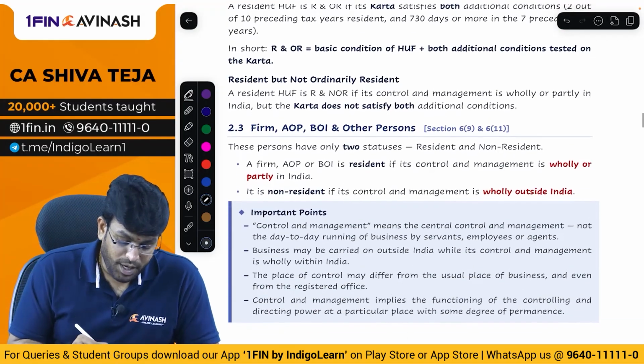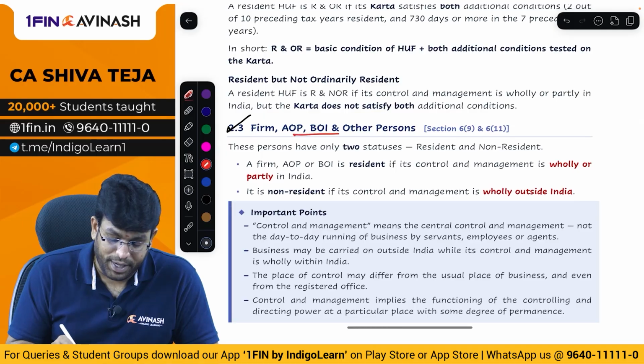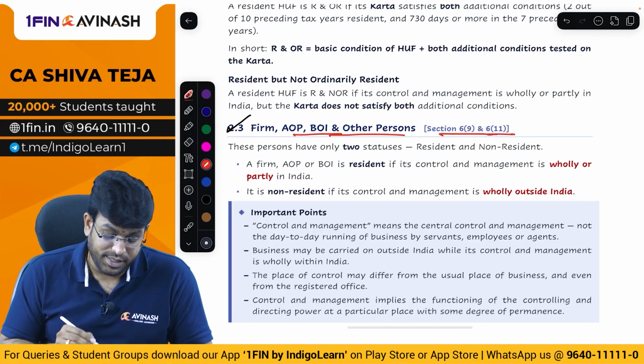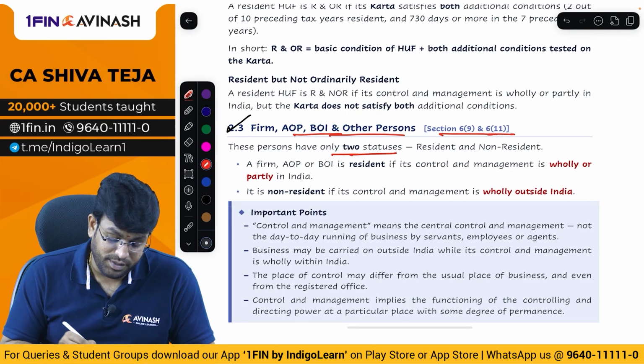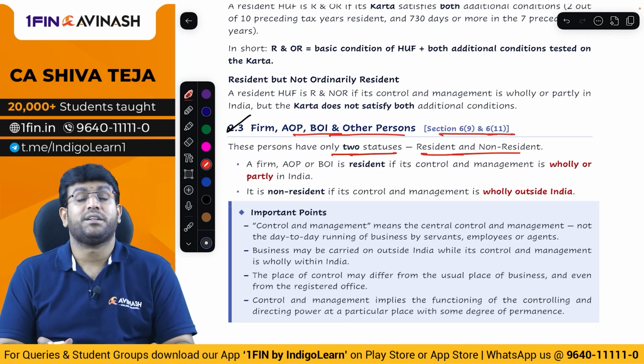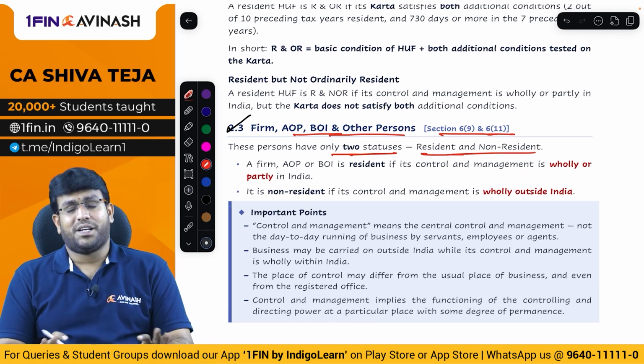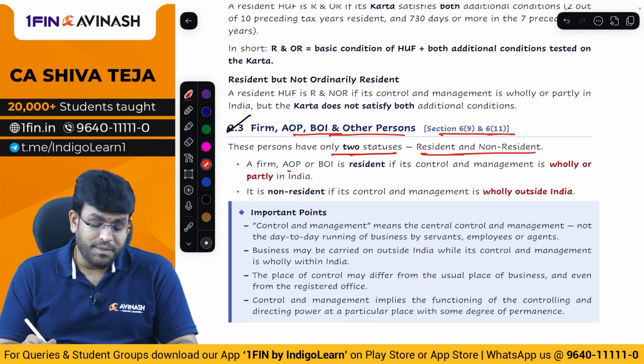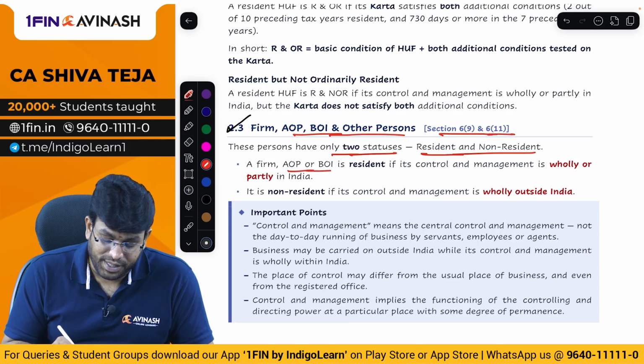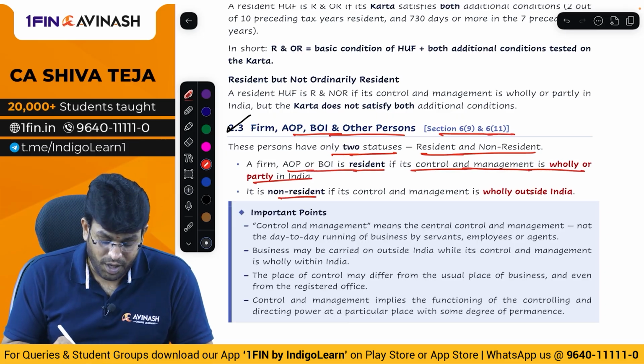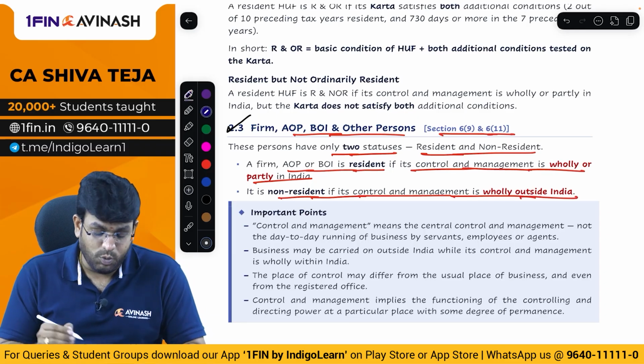Next point. Firms, AOP, BOI and other persons, 6(2) and 6(4). They have only two statuses, resident and non-resident. That's it. A firm, AOP or BOI is a resident if control and management is wholly or partly in India. It is non-resident if it is wholly outside India.